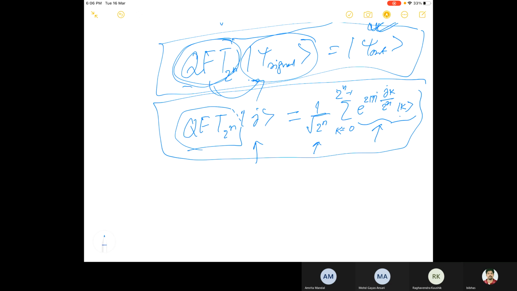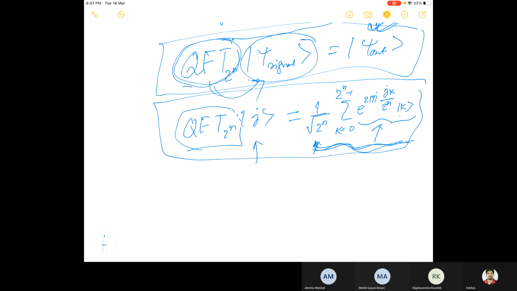Okay. Now the question is, I want to realize how it acts on this. If this is how the QFT is defined, then what is this? This is just a state. For example, I can ask, is this state an entangled state or a separable state? What kind of state is this? Because the output state is written just as a linear combination of the fundamental states.